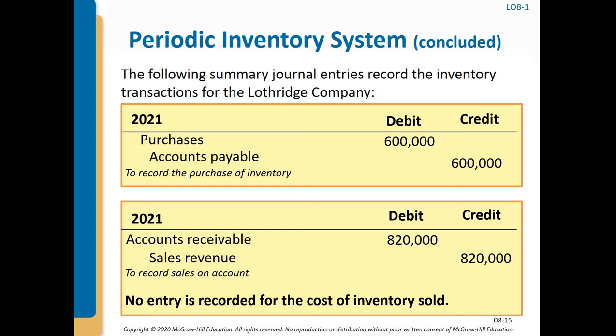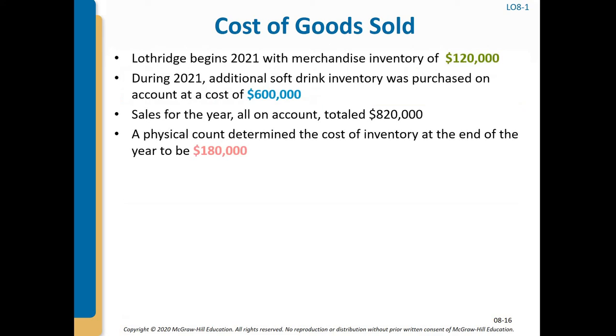So no entry is recorded for the cost of inventory sold. But we recorded the cost of inventory under the perpetual inventory system, because every time we sell under the perpetual inventory system, it automatically gives us the cost of goods sold and the inventory. That is why we record two journal entries after every single sale under the perpetual inventory system.